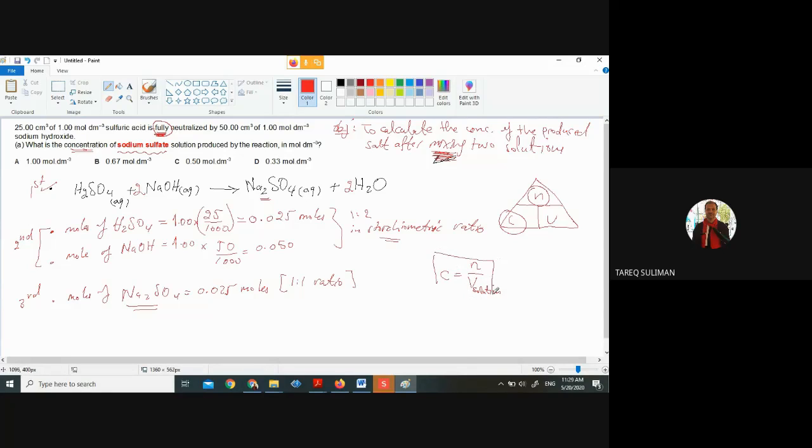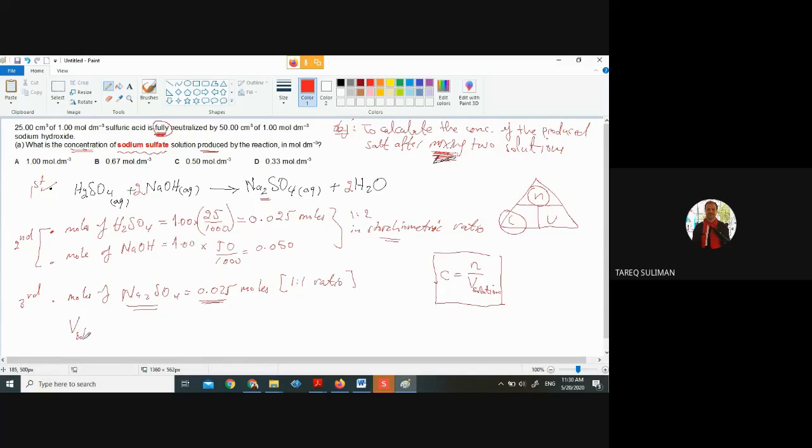Don't forget this. So who can help me in this? Yes, solution. Okay, what is the concentration of the sodium sulfate solution produced? So it means in the obtained solution. What is the number of moles of sodium sulfate? 0.025.